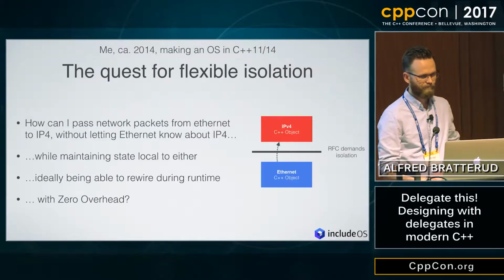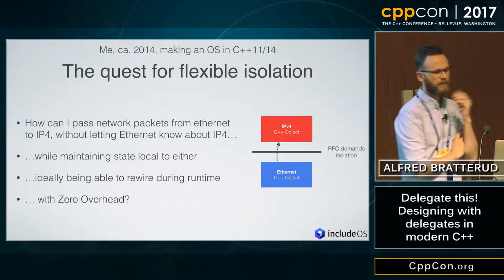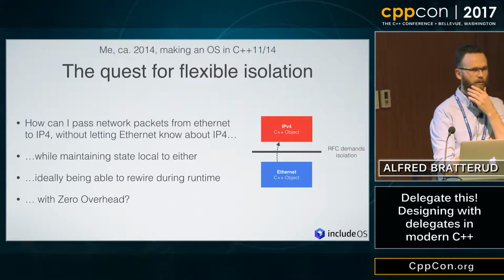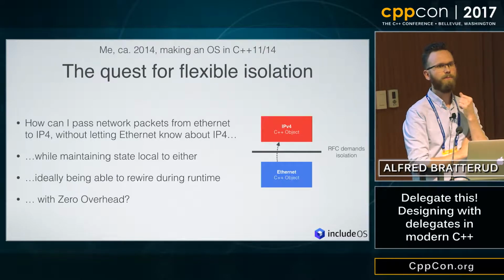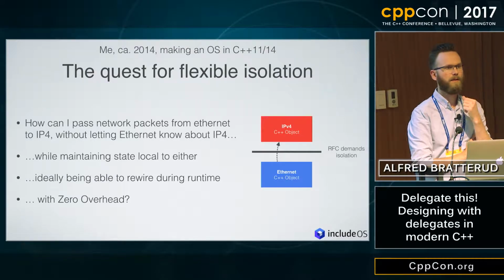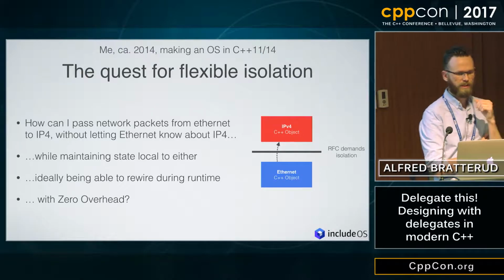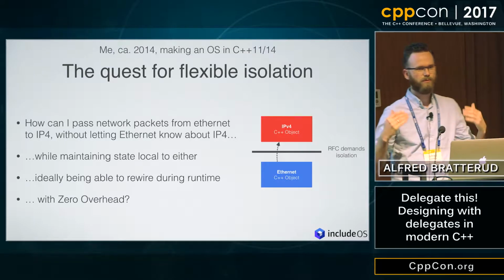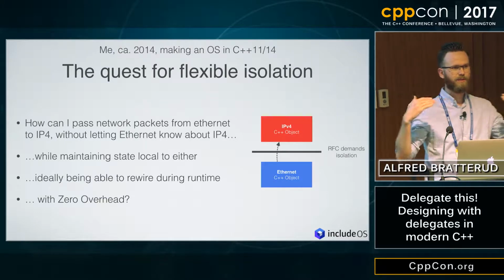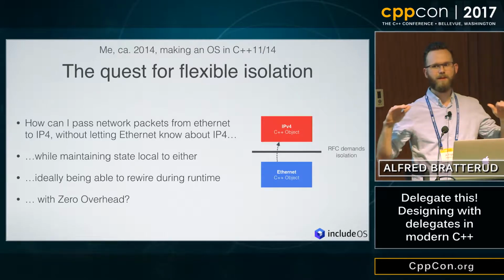Okay. So I actually got into this whole idea of using delegates when I was starting to implement or design IncludeOS, and in particular the IP stack, back in roughly 2014. What I was looking for was a way to achieve complete isolation between layers, because I'm making an IP stack and the RFCs are pretty strict about that.